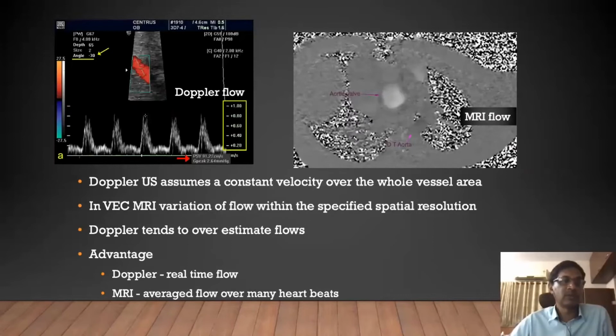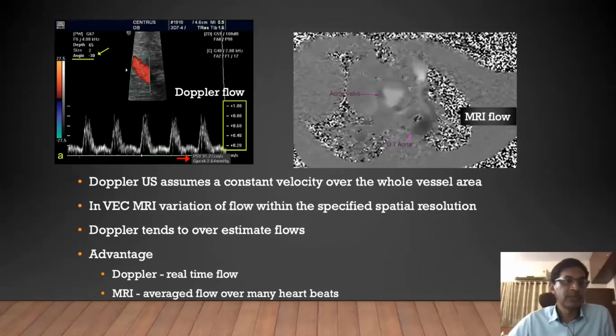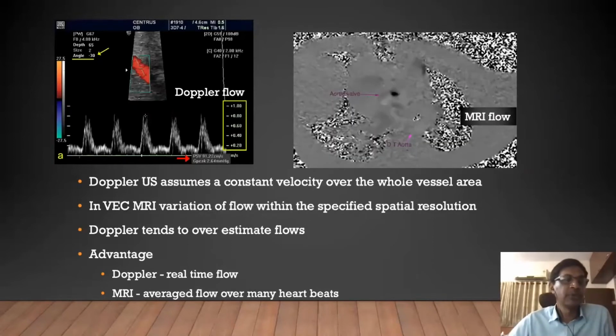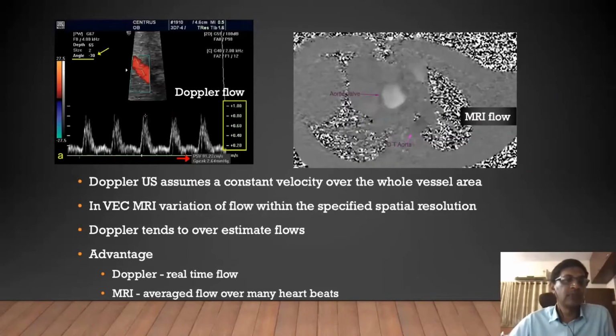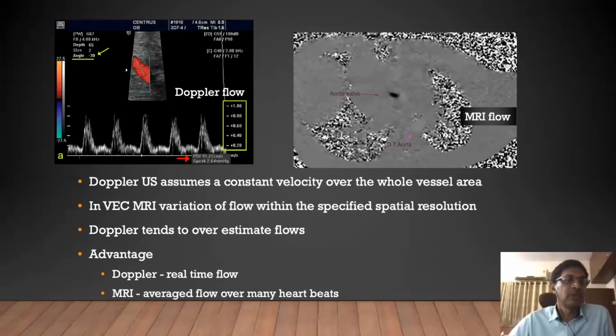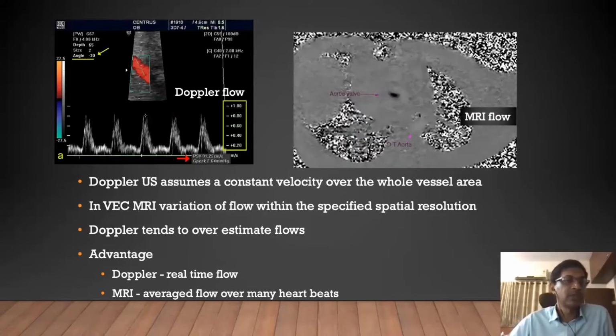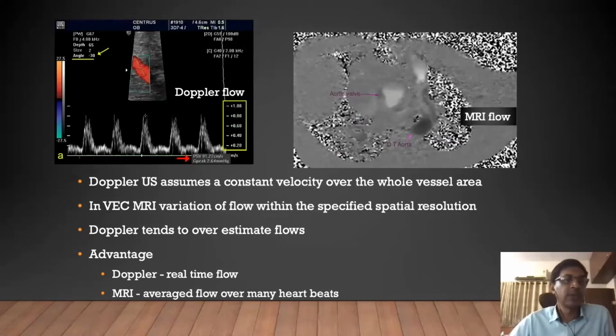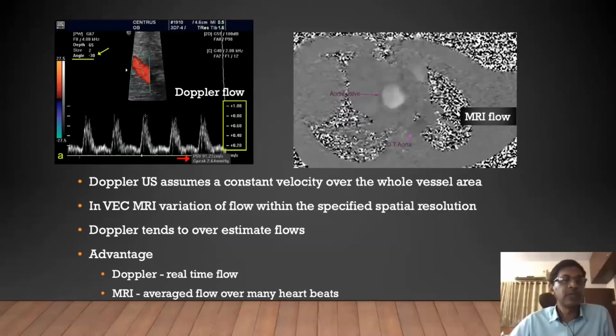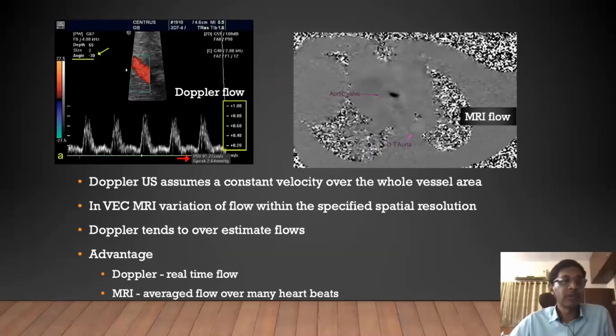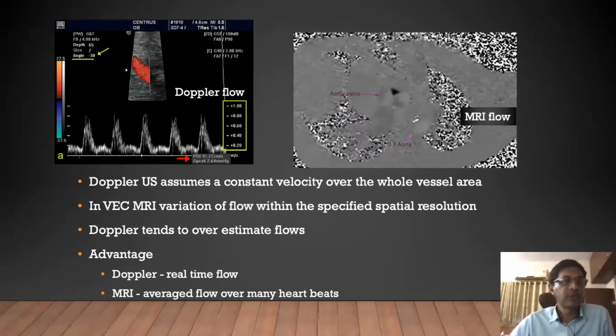Whereas in MR imaging, we could individually select each pixel and find out the flow across it. Doppler images, however, could give a real-time flow, which is a great advantage. MR images are generated as an average of many heartbeats, so we could not get real-time images.